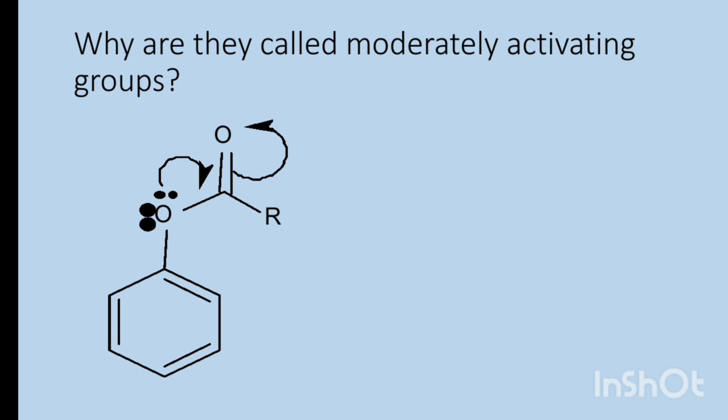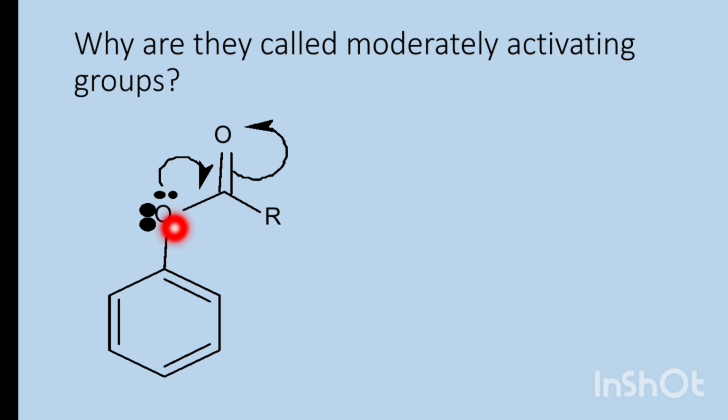First of all, these groups are able to donate electrons by means of resonance like the strongly activating groups. The only difference is that these groups can donate electrons in two competing directions. You can see here, this carbonyl group is pulling electrons from this oxygen, which has two lone pairs of electrons.